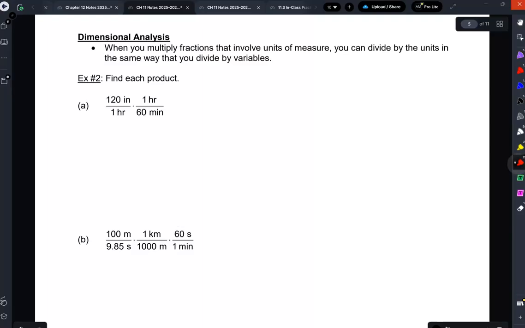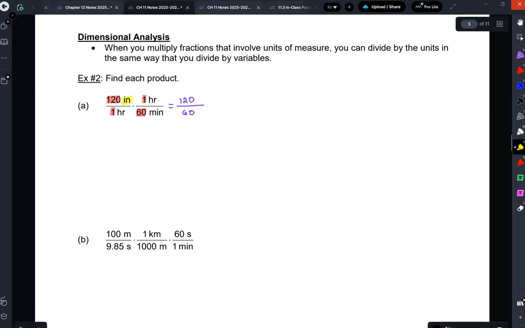We are going to take the coefficients, the numbers, separately. So in the numerator here, I have 120 times 1. Now, do I need to write that times 1? No, that's silly. Here I have 1 times 60, 60.